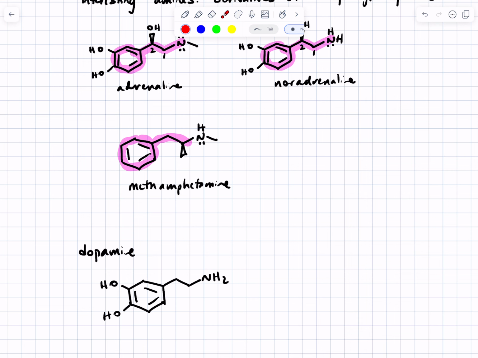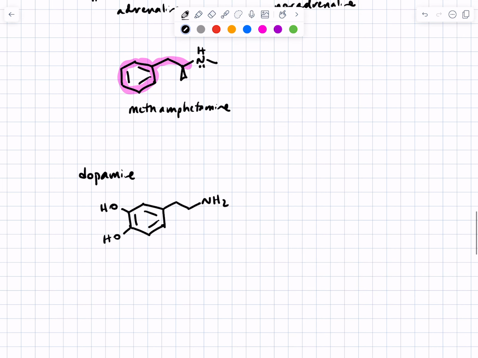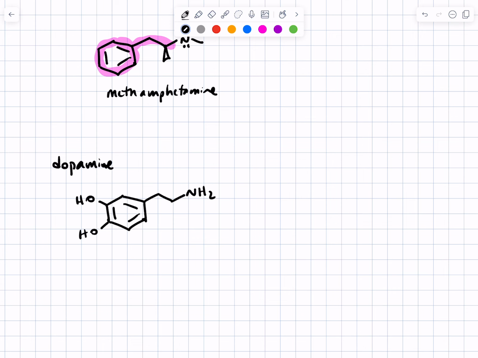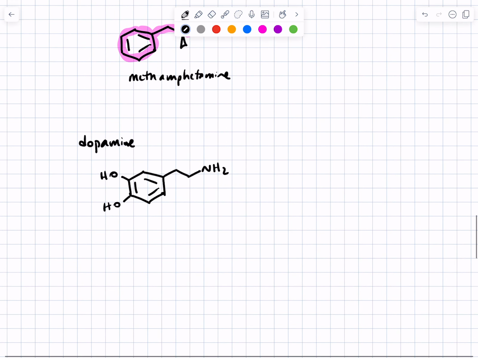Dopamine's a neurotransmitter, meaning it's involved in cell signaling between neurons, and it's related to processes that control movement and emotion, so it's really important for health. And you'll hear people talk about it as a feel-good chemical.